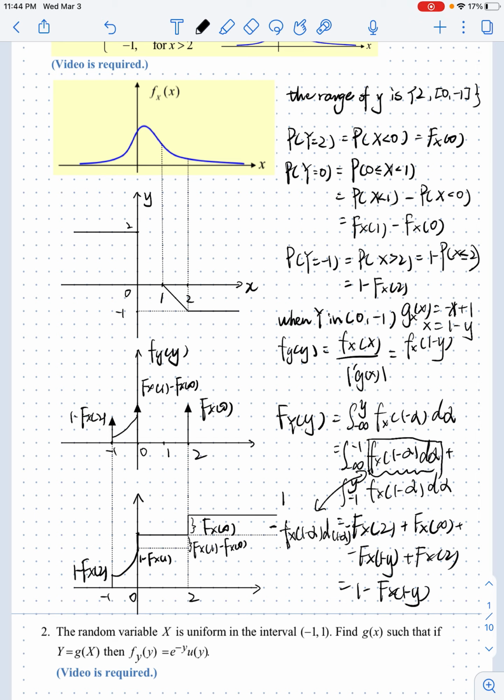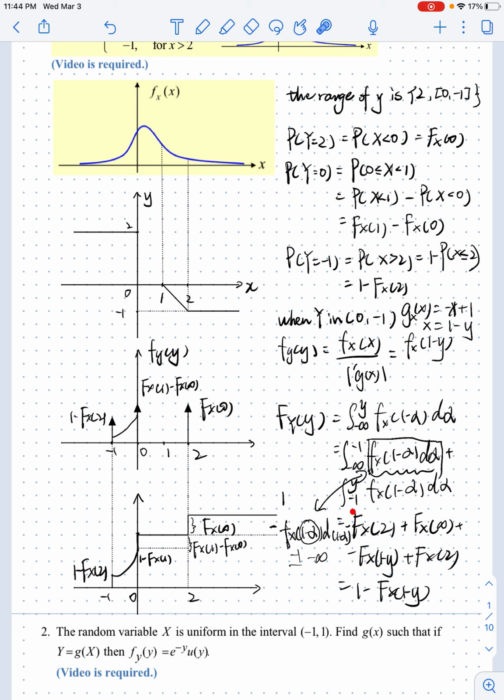Then we can replace the -1 and the negative infinity, that is 2 and the infinity.